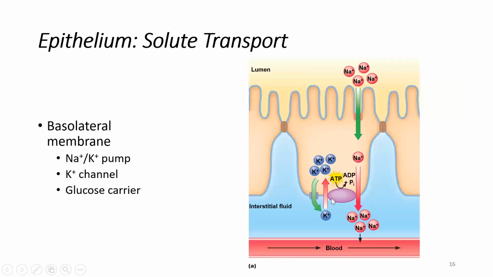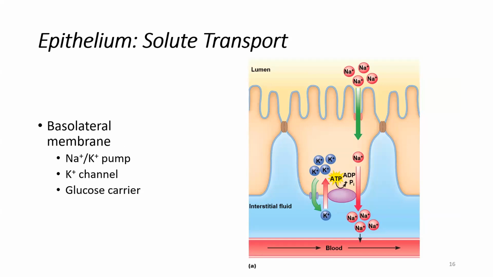Now, as far as the basolateral membrane or the basolateral surface, we've got a couple things located here. We've got the sodium-potassium pump. We spoke a lot about the sodium-potassium pump in our last class, right? It's an active means of transporting sodium out of the cell and potassium into the cell using the energy that is hydrolyzed when we cleave that phosphate from ATP.